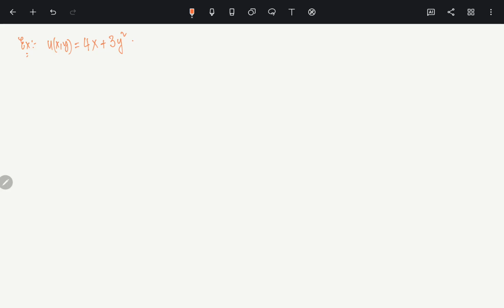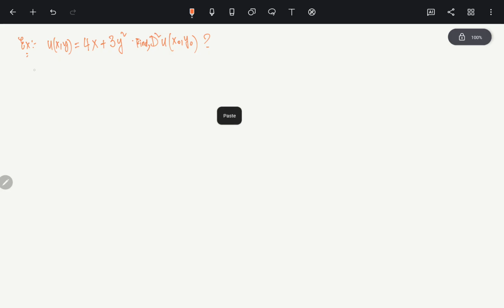Very simple polynomial, just for practice, so that you don't get confused. We want to find out d2u at some point x naught y naught.